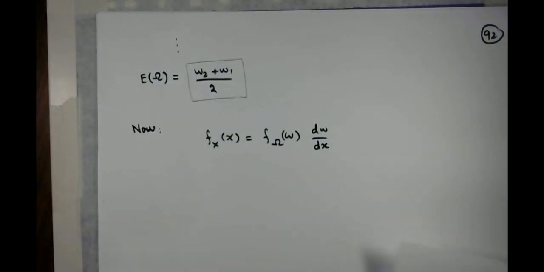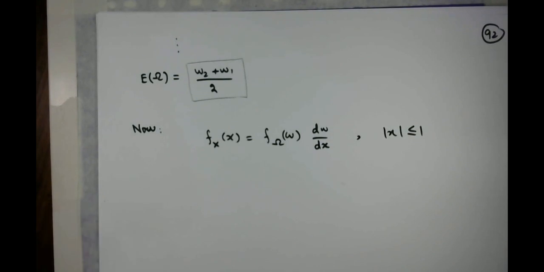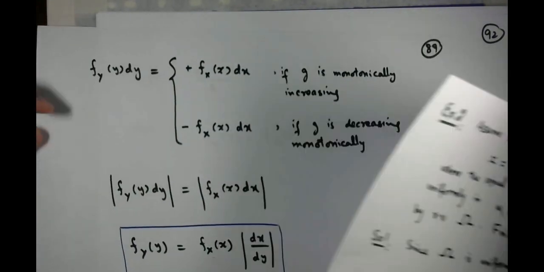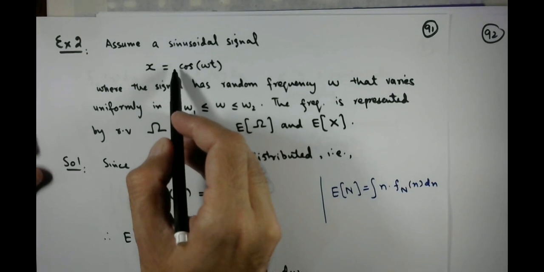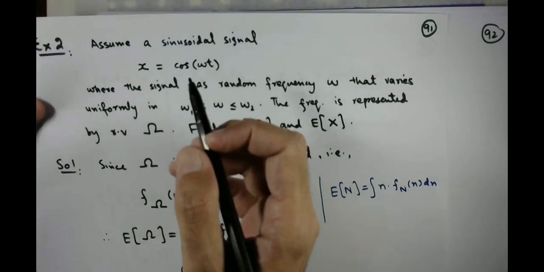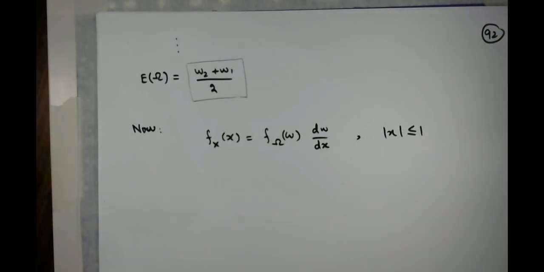Now this is obvious, and obviously the absolute value of x is less than or equal to 1. Why? Because of this cosine: the amplitude of cosine is maximum plus 1, minimum minus 1. So x cannot go beyond plus and minus 1. So we have written absolute x less than or equal to 1.